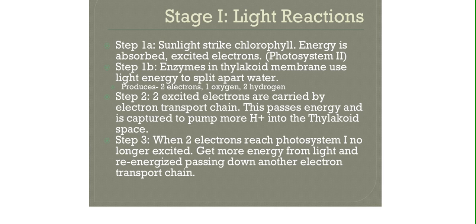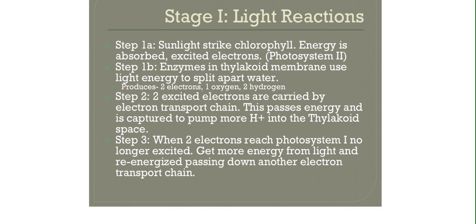So when these 2 electrons, so they're going on this train, right? They went from photosystem 2, they were captured there. They have now moved along the train, and they are at photosystem 1. Okay, so there are 2 photosystems you should know about. When these 2 electrons reach photosystem 1, they are no longer excited. Hot potato. At some point, it's not going to be hot anymore.